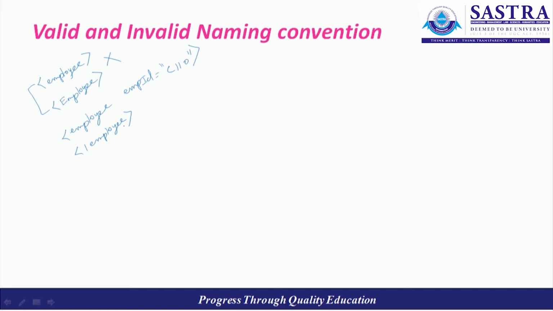Is it a well-formed XML document? Yes, but it is not satisfying the problem, because the given problem is an employee is working for a company as an assistant manager and his employee ID is C110.